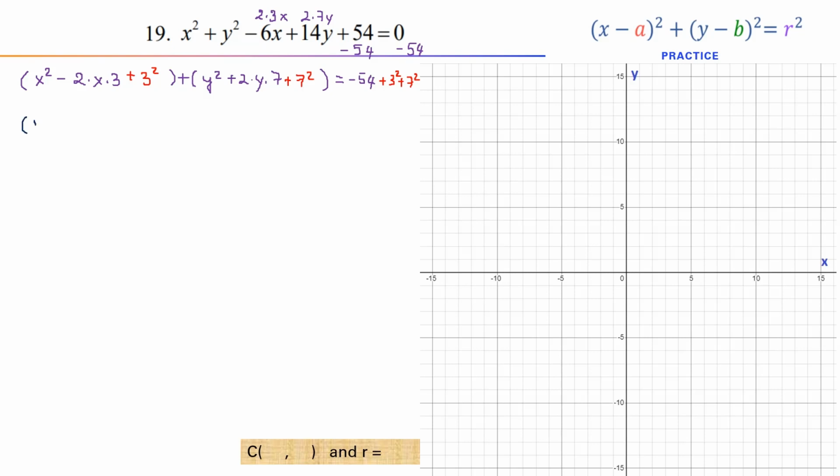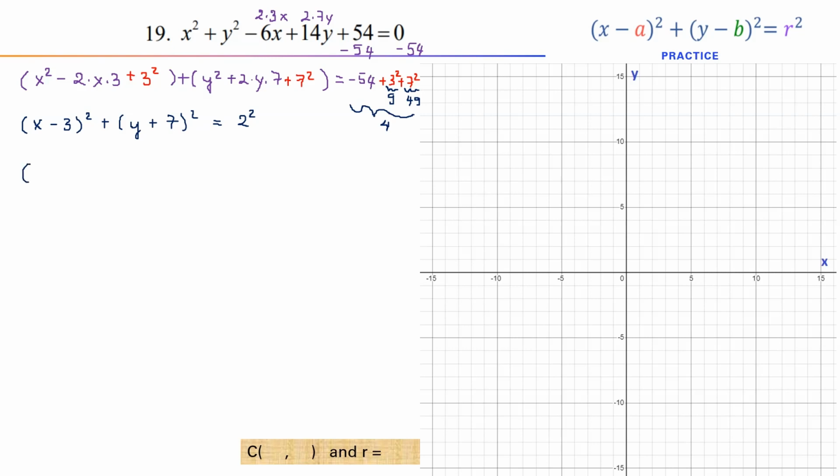So we rewrite it: (x minus 3) squared plus (y plus 7) squared equals 3 squared is 9, plus 49 makes it 58, subtract 54, you have 4, so that's 2 squared.